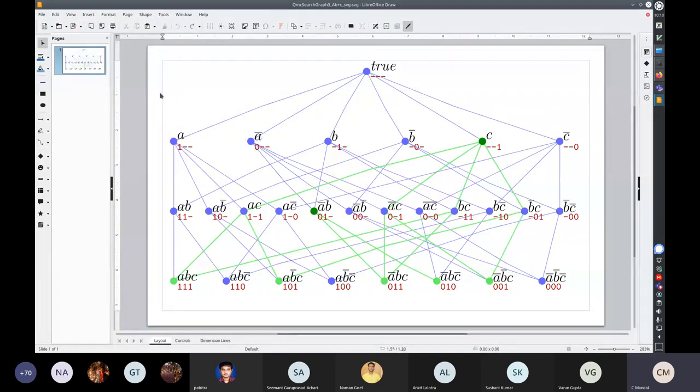Can I draw a line? You have to go to insert, then smart shapes. This will do. Able to draw a line, but it's a straight line. Okay, then let me just try this.